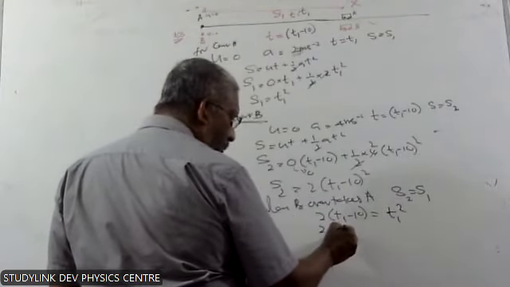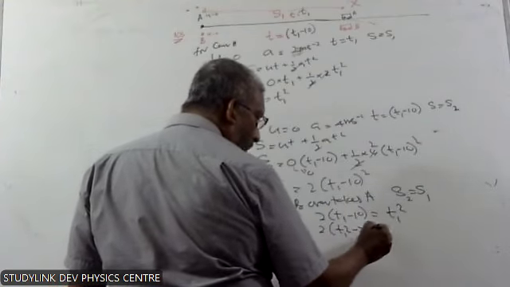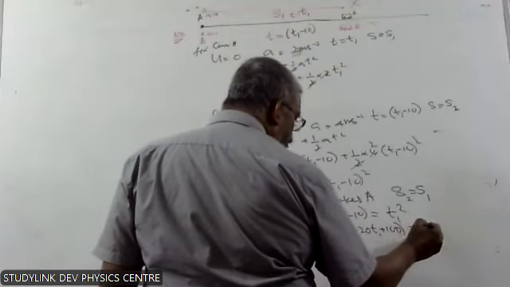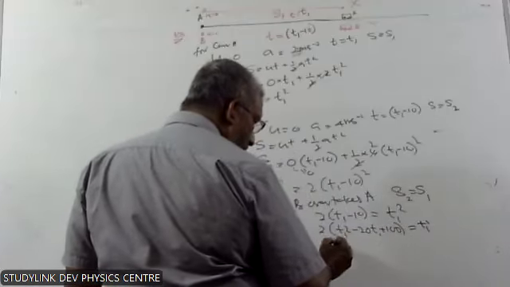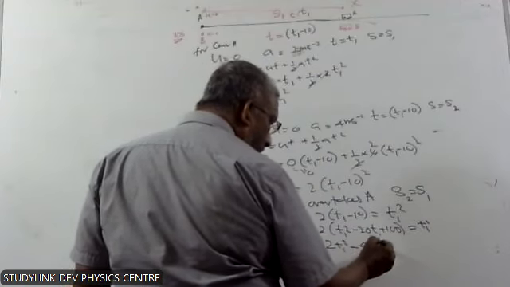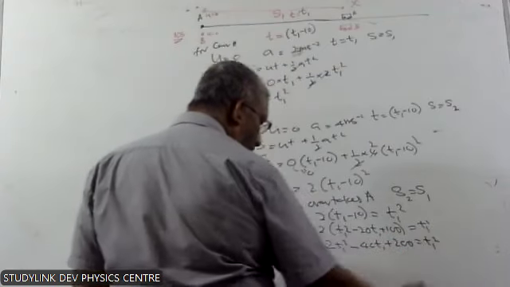Then here 2 times of this: 2 (T1 squared minus 20 T1 plus 100) is equal to T1 squared. Then you get 2 T1 squared minus 40 T1 plus 200 is equal to T1 squared.